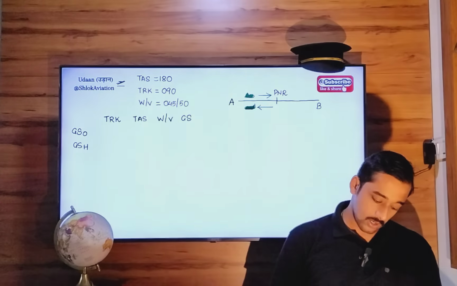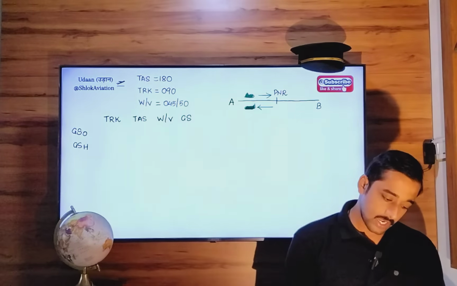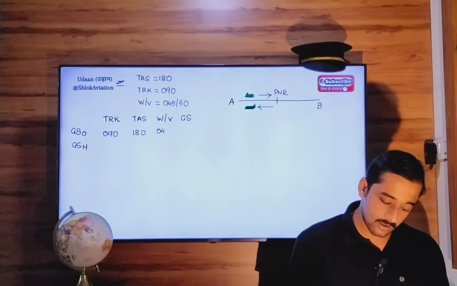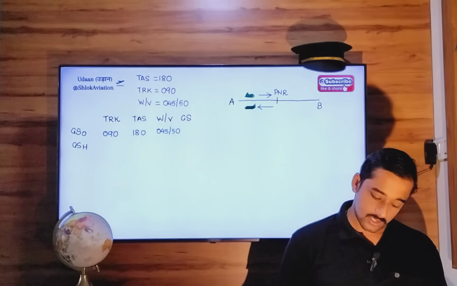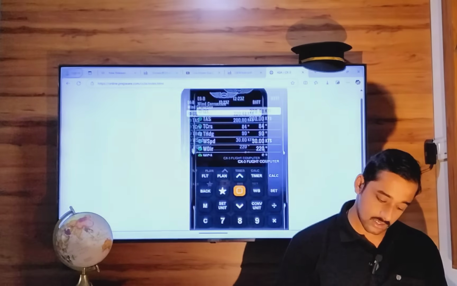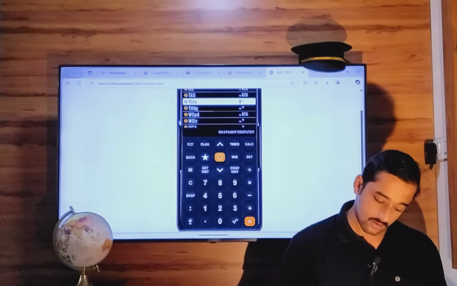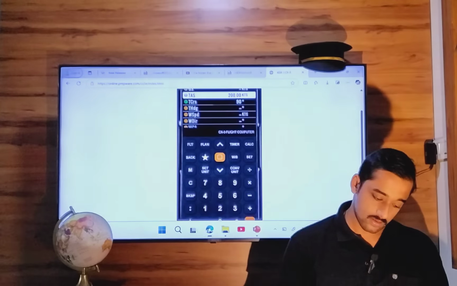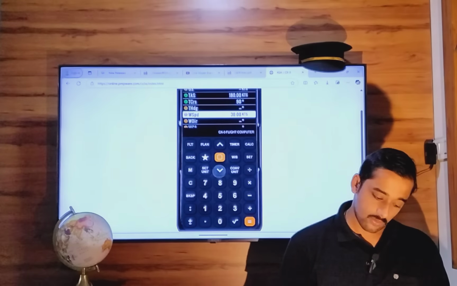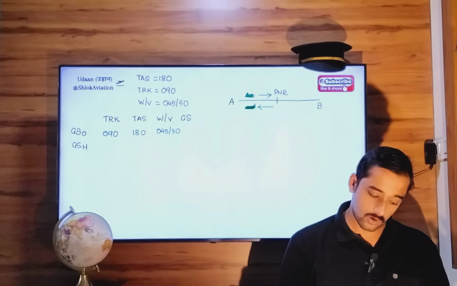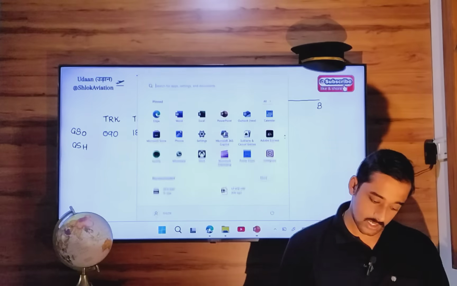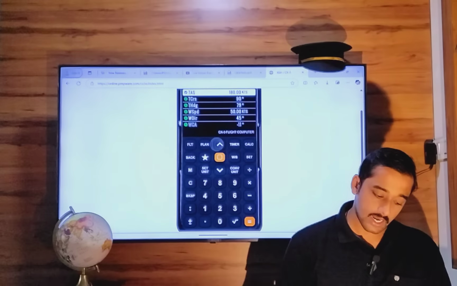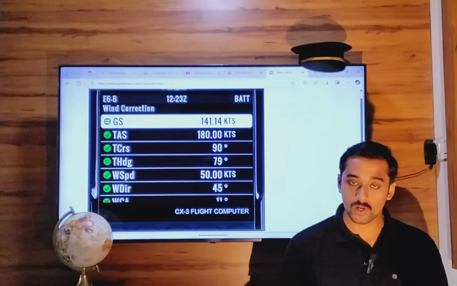Let's fill this table. Track is 090, task is 180, winds are 045 at 50. So the correct answer is outbound ground speed will be 141 knots.